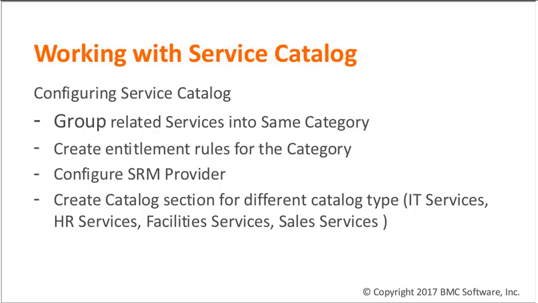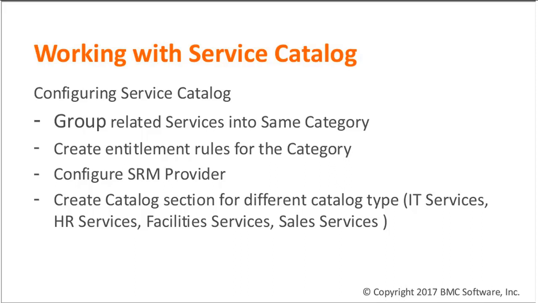Once you configure the SRM provider, the next thing you do is create a catalog section in the Digital Workplace Admin Console. Creating a catalog section is basically to map the SRDs from SRM into Digital Workplace.